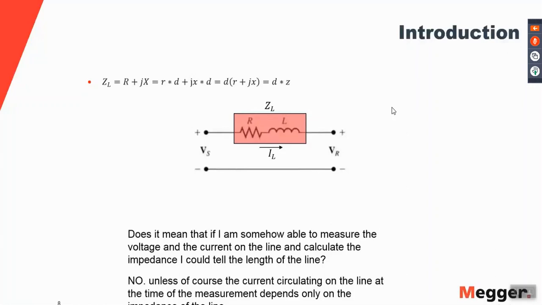So in this case, for instance, we can say that the impedance measured at this point, where we see Vs, would be Vs minus Vr divided by the current, and that's the impedance of the line. If you have load circulating, then that impedance is related to the load.